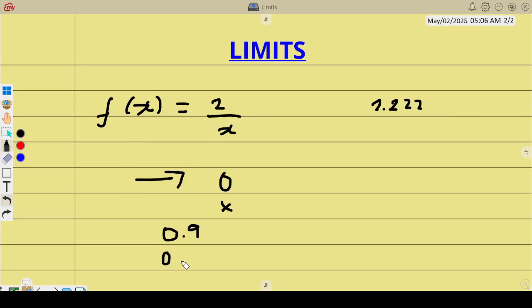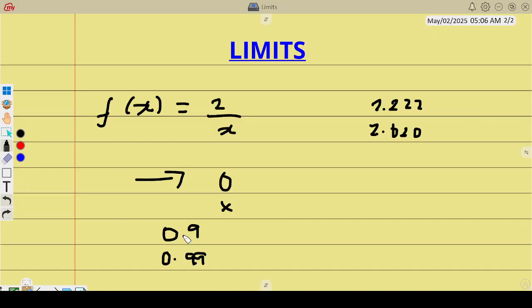Now what if we increase this number? We say 0.99. What are we going to get? You are going to have 2.020. This number is smaller. This is 2.0, this is 2.2. So the number is decreasing.